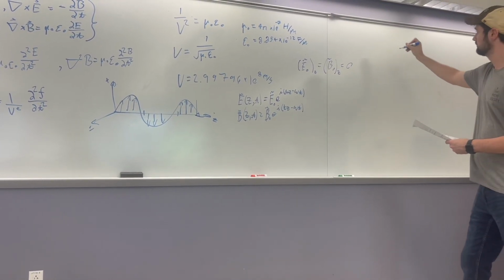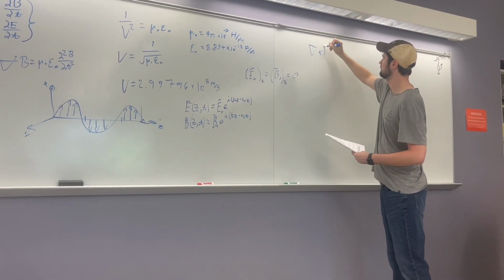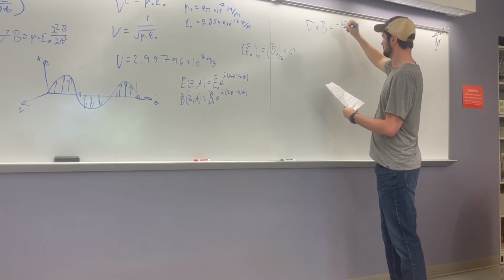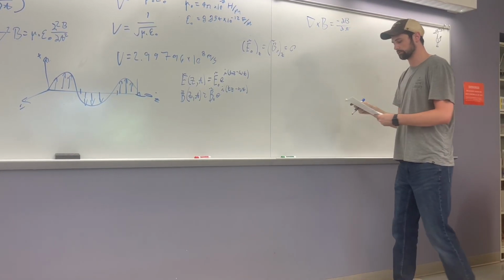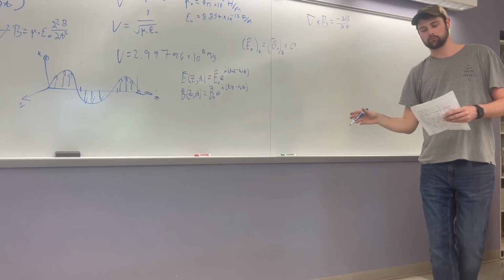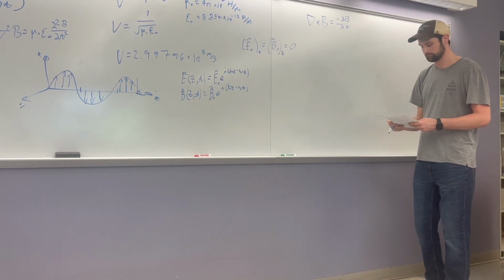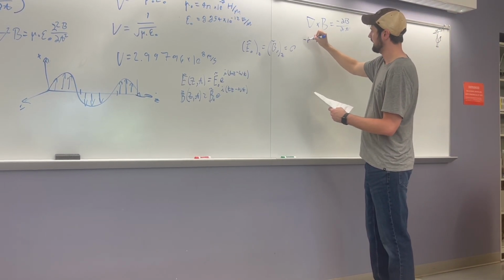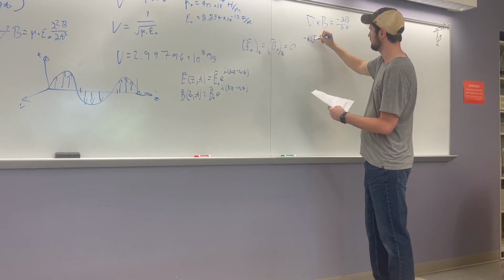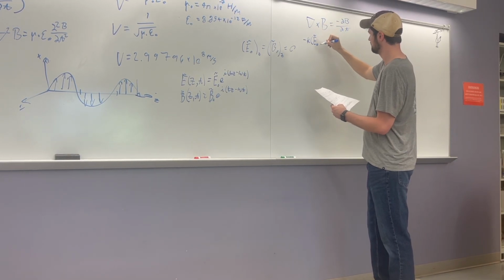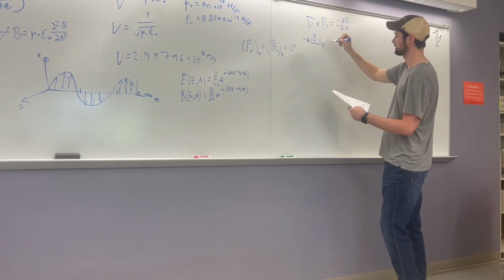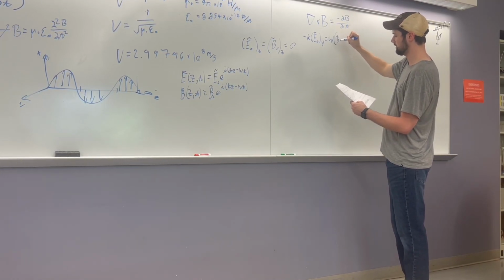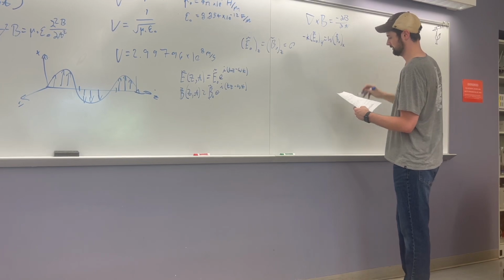But furthermore, Faraday's law shows us a relationship between the magnitudes of the electric and magnetic fields. That relationship is as follows. Negative k times E naught sub y, so in the y direction, is equal to omega, the angular frequency, times B naught in the x direction.